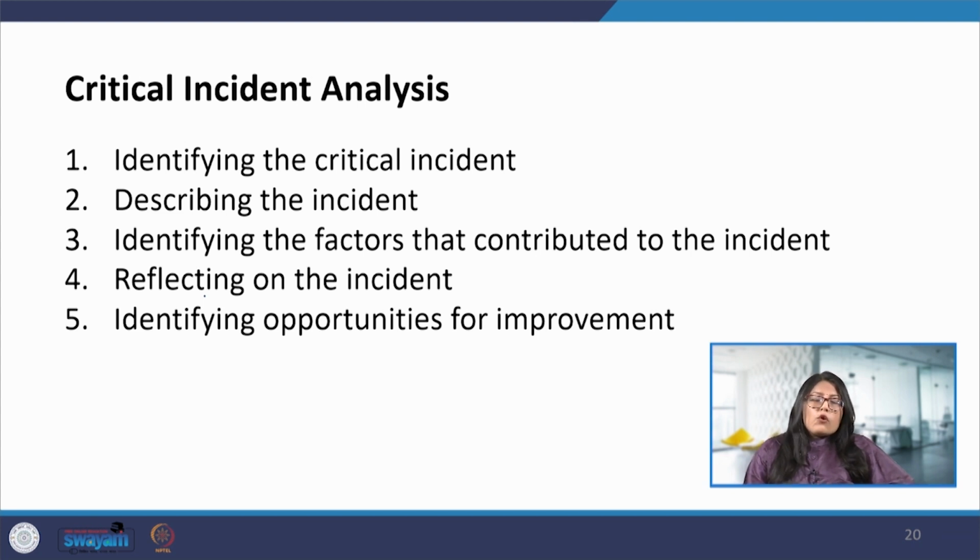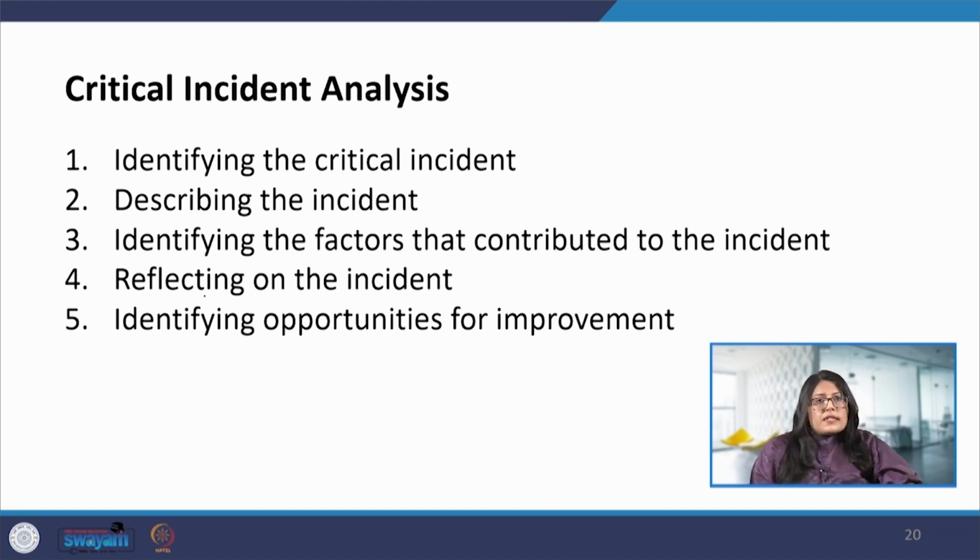This involves reflecting back on the incident and considering how it could have been managed differently, maybe even better. This may involve considering some alternative approaches or certain strategies that would have been used to manage it better. Fifth step is identifying opportunities for improvement.